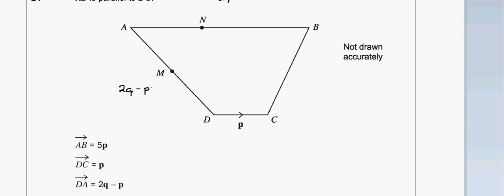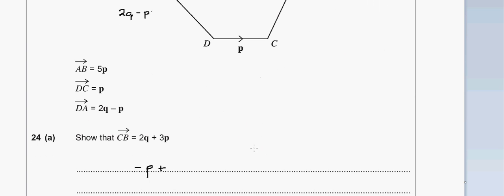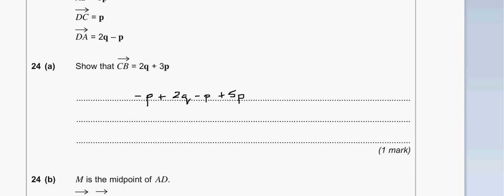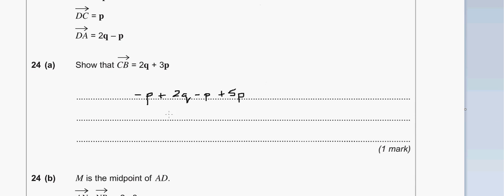From D to A will be 2q minus p, so this would be 2q minus p, and then across the top I know is plus 5p. Okay, so they're all my vectors. So now I just need to simplify this.